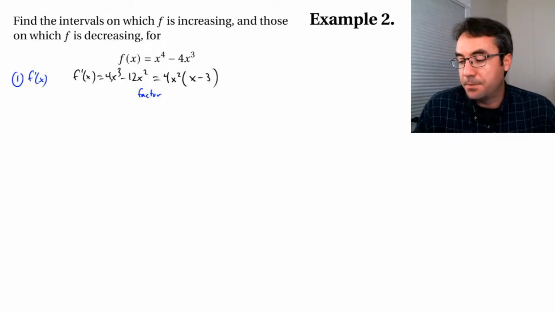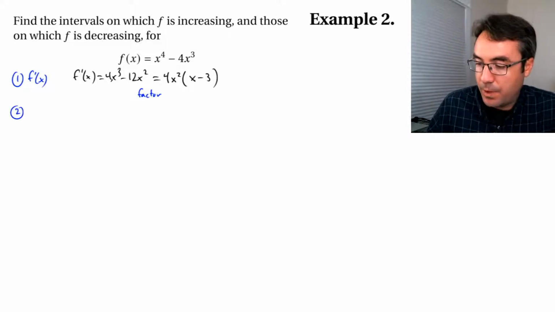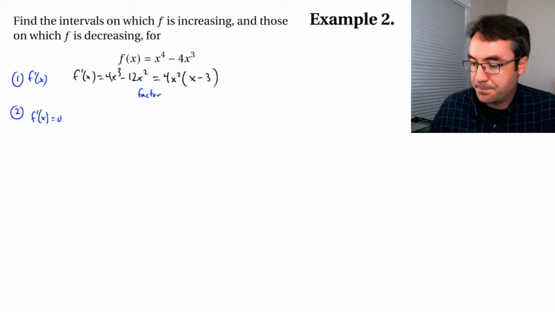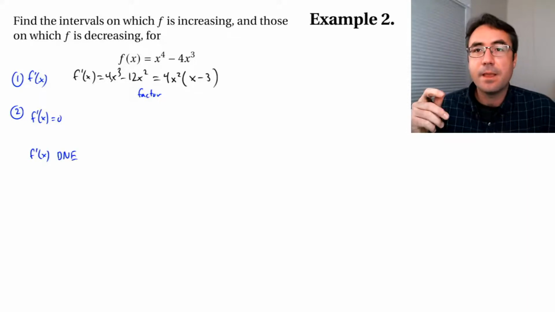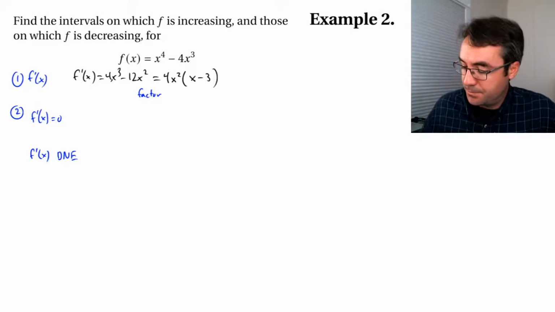All right, so now in step 2, we want to figure out where f prime is 0 and where f prime is undefined. Our function here is a polynomial, so the derivative is always defined. So we'll just get that one out of the way first.